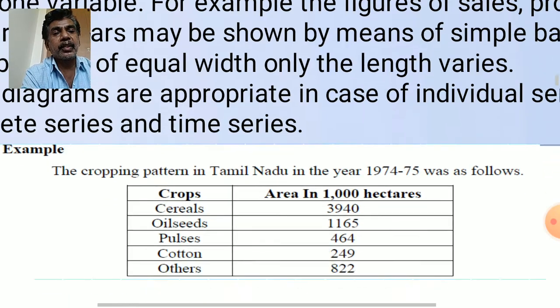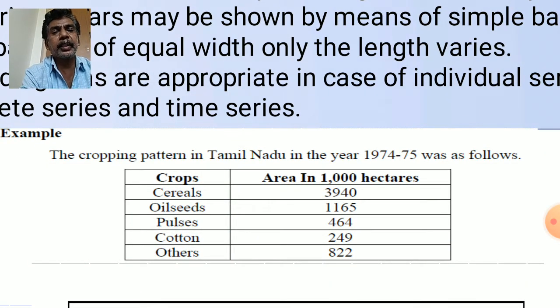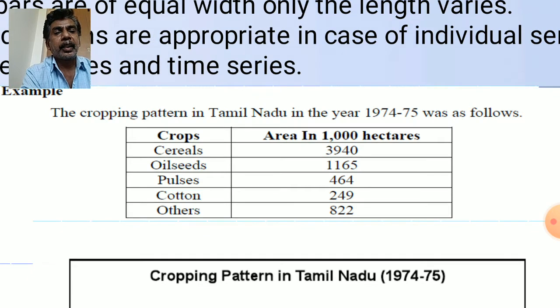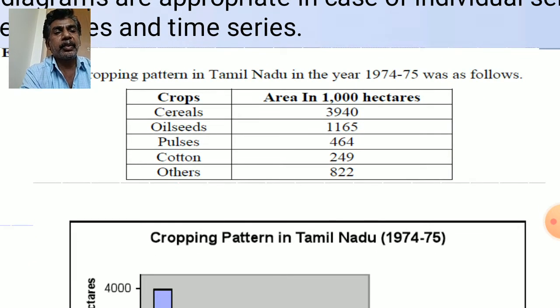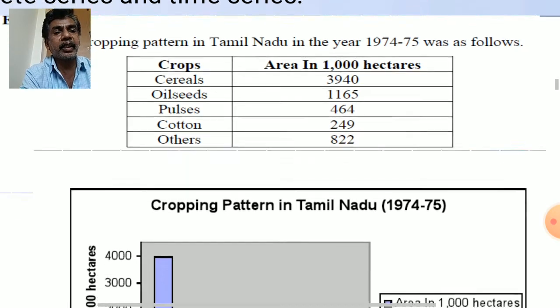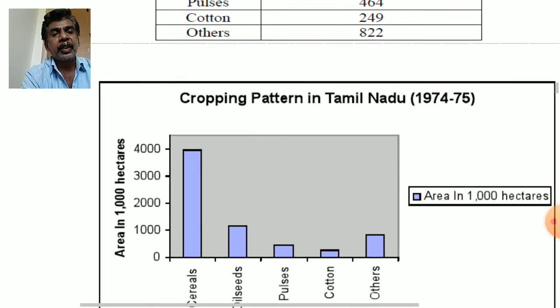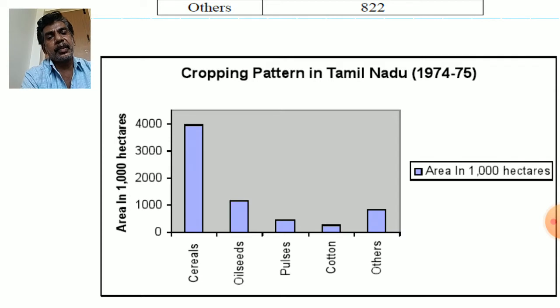Only the figures of different crops in Tamil Nadu are shown: cereals, oil seeds, pulses, cotton, and others.